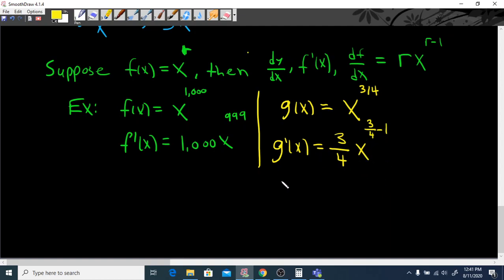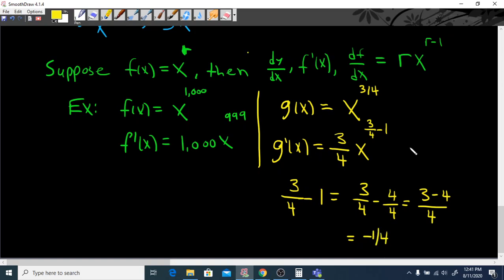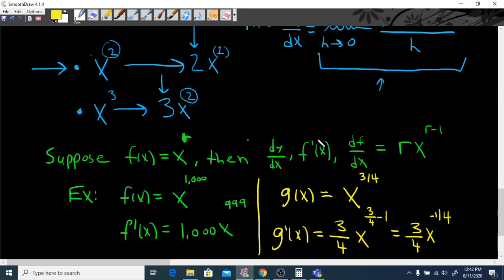So the hardest thing about this is doing 3/4 minus 1, right? 3/4 minus 1 is the same thing as 3/4 minus 4/4, which is 3 minus 4 over 4. And then 3 minus 4 is negative 1/4. So our final answer would be 3/4 x to the power negative 1/4. Works for any real number in the world.